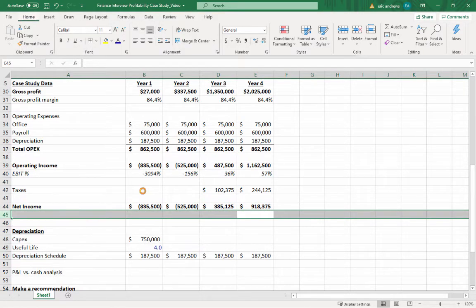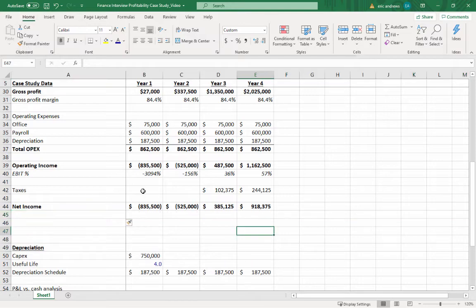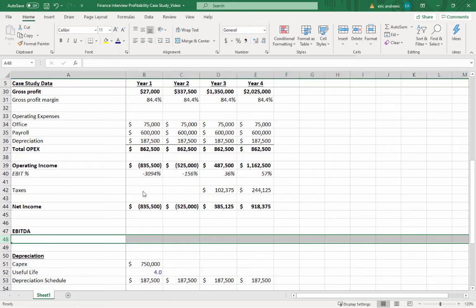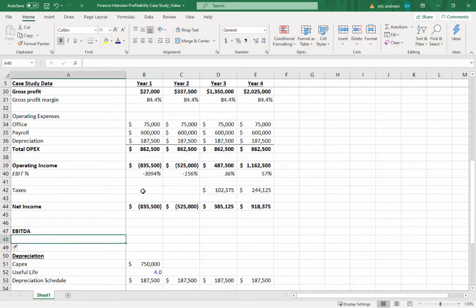One more metric that I think we should call out, which is really important, is EBITDA. This is one of the key metrics. Why is EBITDA important? Well, for businesses that actually make a profit, EBITDA is pretty close to operating cash flow, and it gives you a better sense of how much money they're actually making when you adjust out all of the accounting stuff around depreciation.